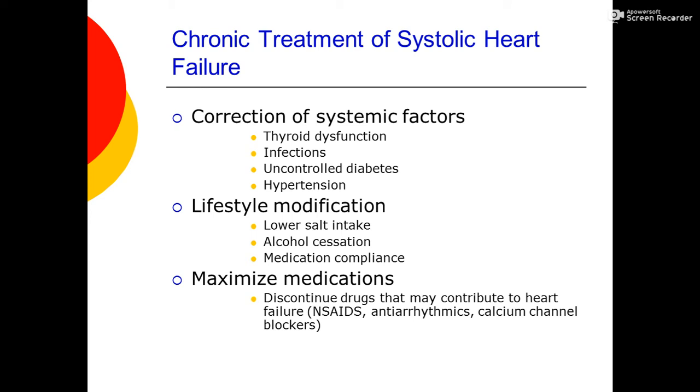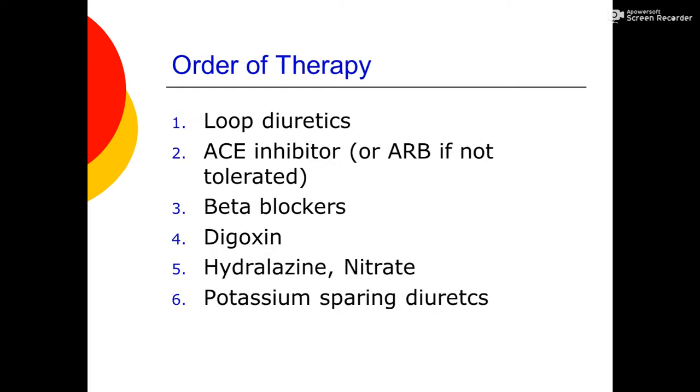Now come toward the chronic treatment of systolic heart failure. There should be correction of systemic factors: thyroid dysfunction, infection, uncontrolled diabetes, and hypertension. Lifestyle modification is mandatory: lower salt intake, alcohol cessation, medication compliance, and maximizing medications. Discontinue drugs that may contribute to heart failure, like NSAIDs, non-steroidal anti-inflammatory drugs, anti-arrhythmics, and calcium channel blockers.